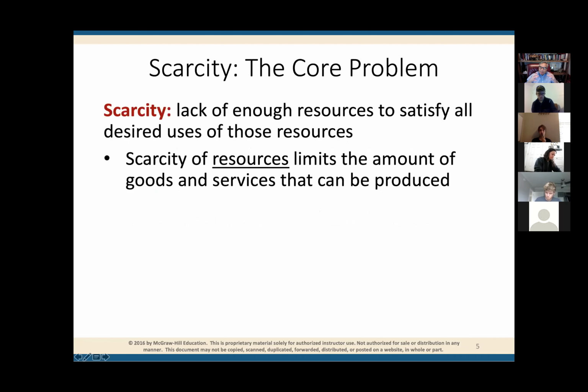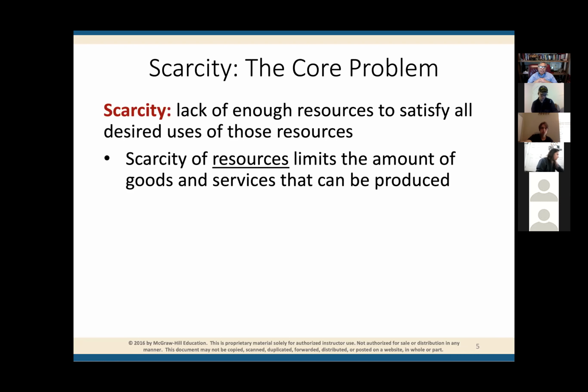And again, the main core problem of economics is the issue of scarcity. Scarcity simply means that there are not enough resources to satisfy all the things that you want. And because you don't have enough resources, choices have to be made. They have to be made at the individual level, and they also have to be made at the national level: the economy, the government, the nation have to make choices.